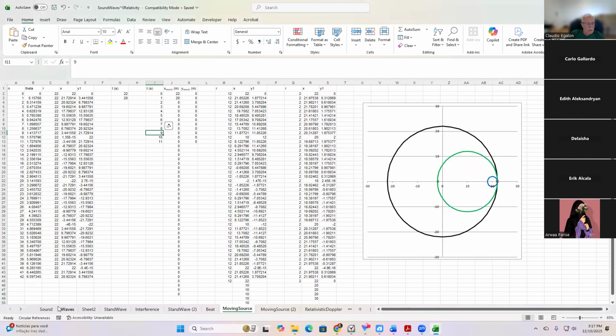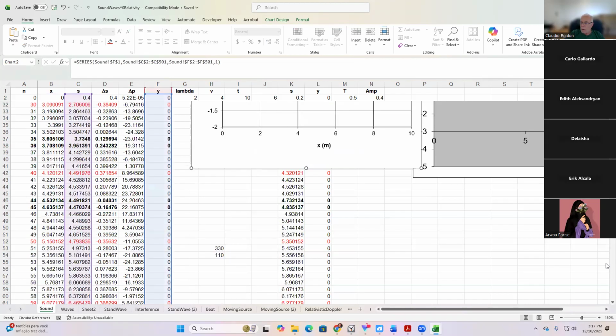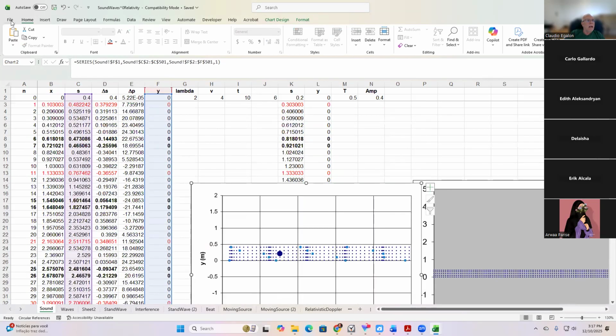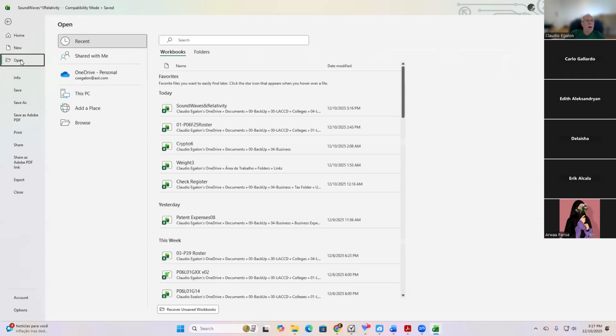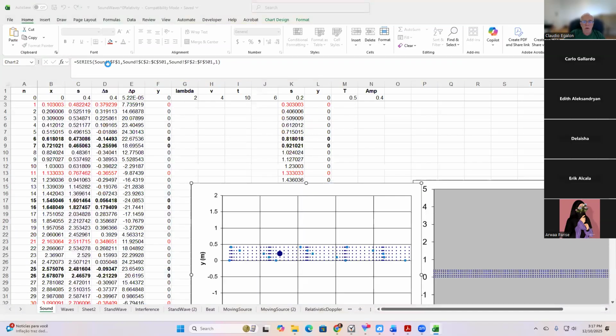I'm very proud of the simulation that I did. It took me a long time to do, but it was fun to do it. Let's see if it's oscillation, sound waves, or maybe it's this one here.